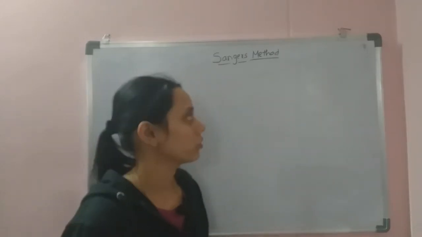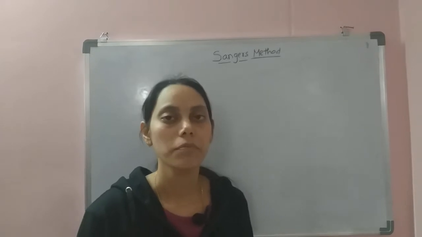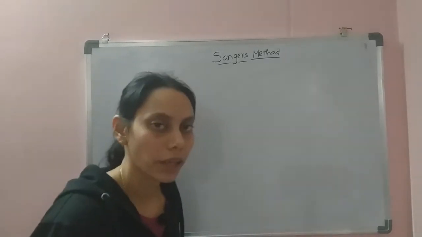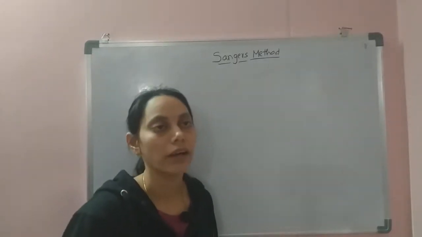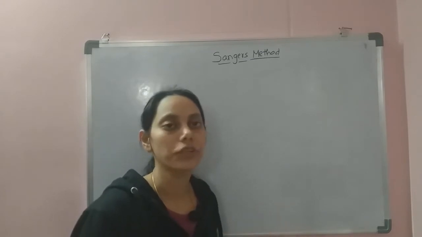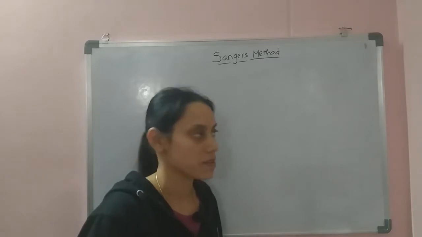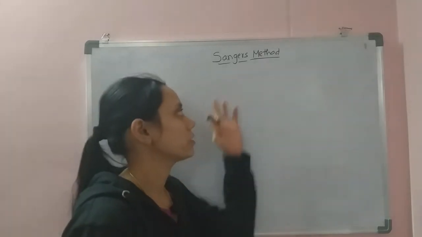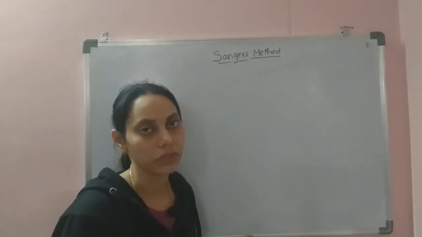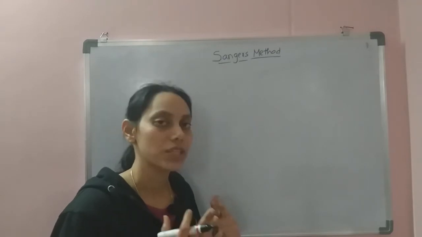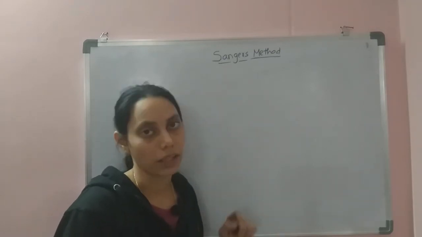In this video, we are going to discuss Sanger's method. Basically, Sanger's method is a type of DNA sequencing technique, and in this series of videos, we have been discussing different methods in DNA sequencing techniques. Sanger's method is one of the basic methods of DNA sequencing and belongs to the first generation of DNA sequencing techniques.